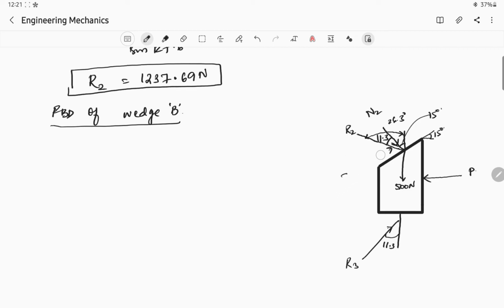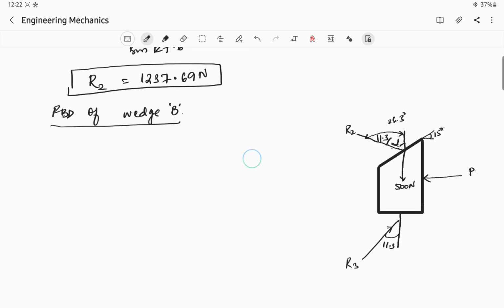So F2 we will remove, and even N2 also we will remove. So how many forces are there again here? We have P, the unknown force, again totally 4 forces. So we cannot apply Lami's theorem here.